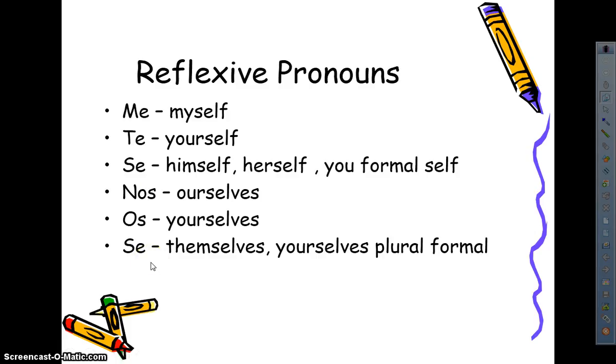Okay? Write those pronouns down. Me, te, se, nos, os, and se are your reflexive pronouns.